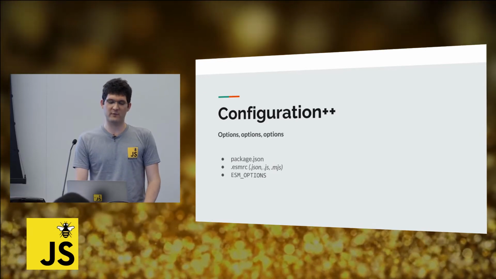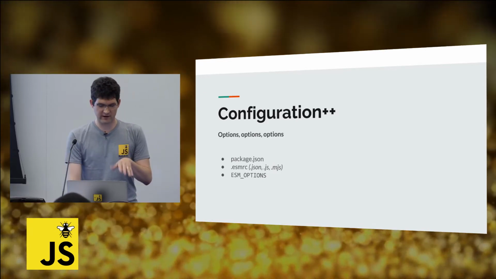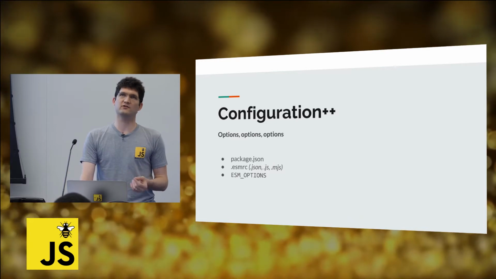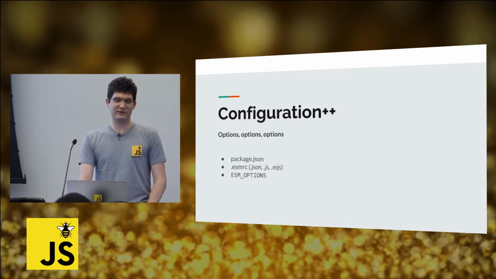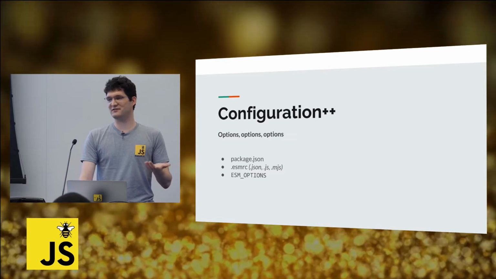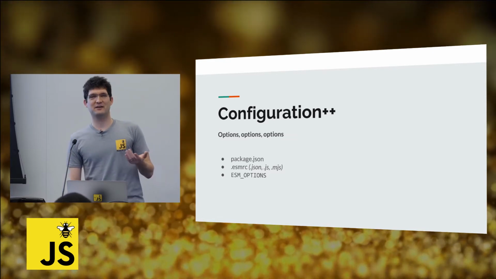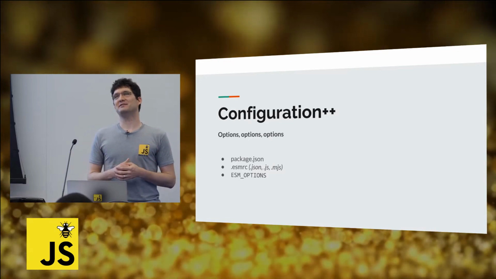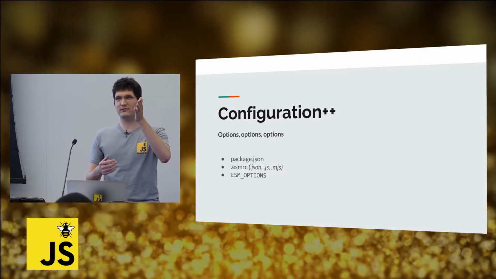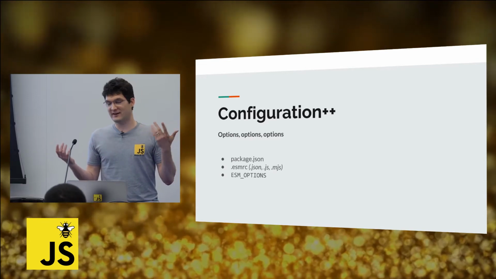You can also do an environment variable. So specifying ESM options, you can put in there a JSON 6 object. JSON 6, so it's not a real thing. JSON 5 is a real thing, though. There's JSON, and then there's JSON 5. I don't know what happened with 3 or 4, but JSON 5 is a thing.